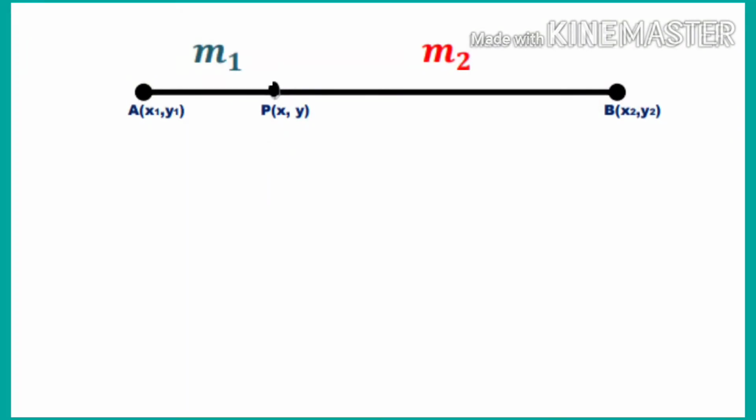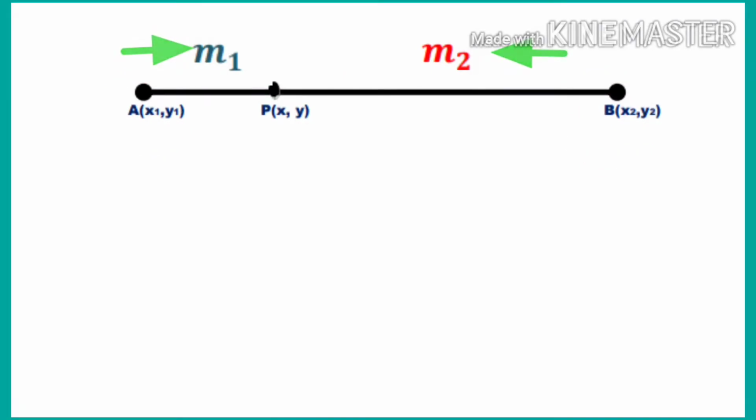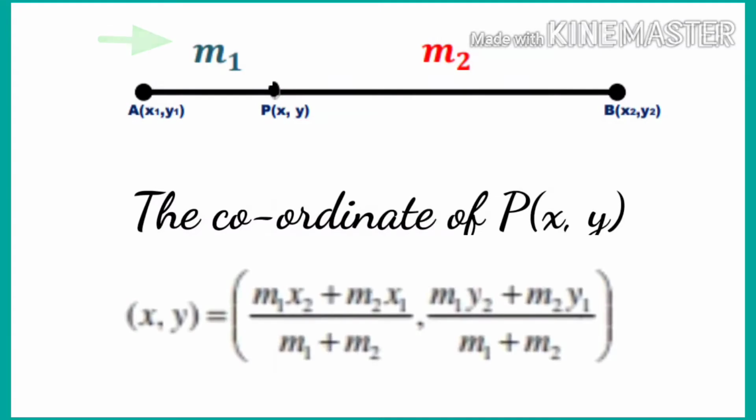Thus, what are the things available for us to find the coordinates of P? We have the coordinates of A and B as well as the ratio in which P divides AB. Thus, the section formula states that the coordinate of P, that is (x, y), equals ((m1 x2 plus m2 x1) divided by (m1 plus m2), (m1 y2 plus m2 y1) divided by (m1 plus m2)).